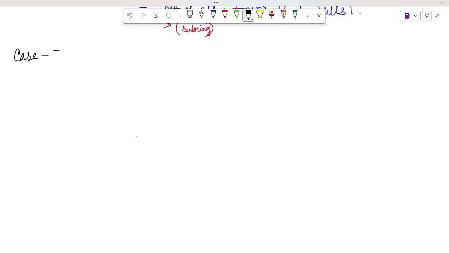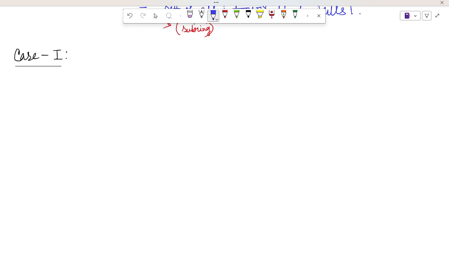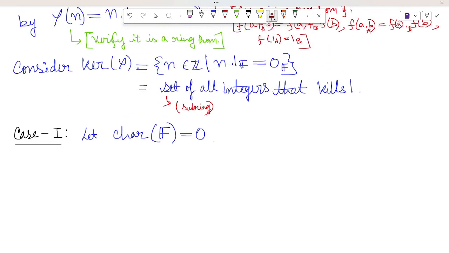First case. What is the first case? Let the characteristic of the field F be 0. Okay, then if the characteristic is 0, no positive integer will kill 1.